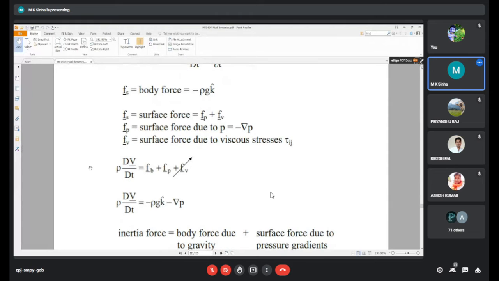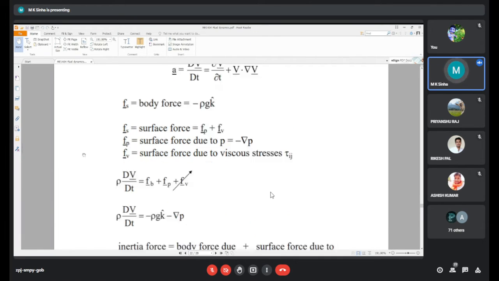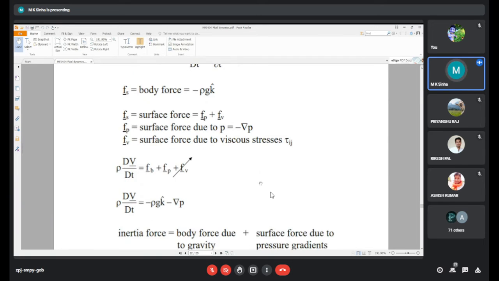Here the viscous surface force should be eliminated because the fluid element is in a stationary position. The fluid element is stationary, so due to the viscous stress there is no such viscous force.